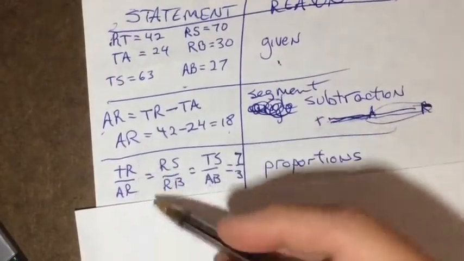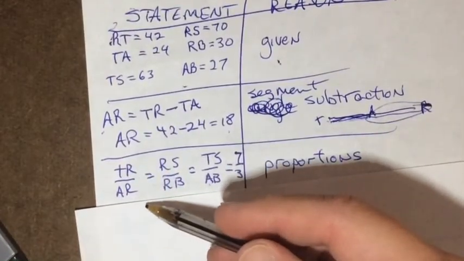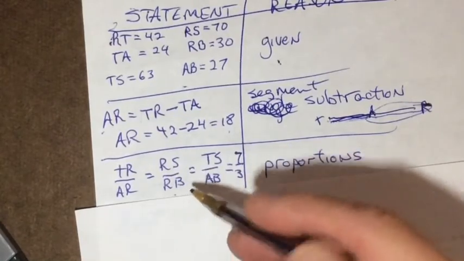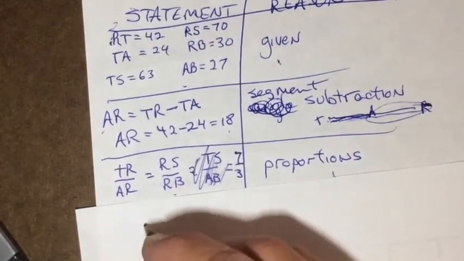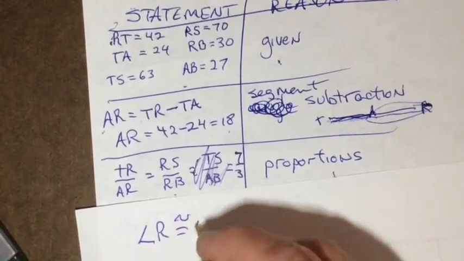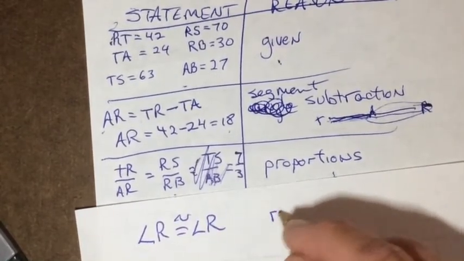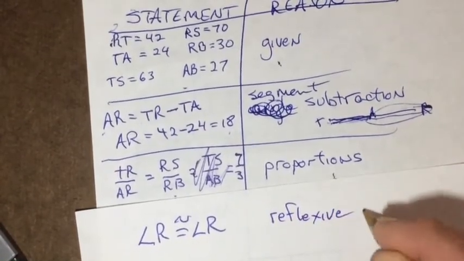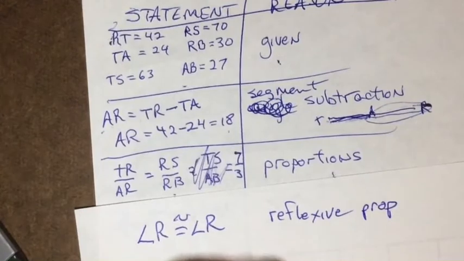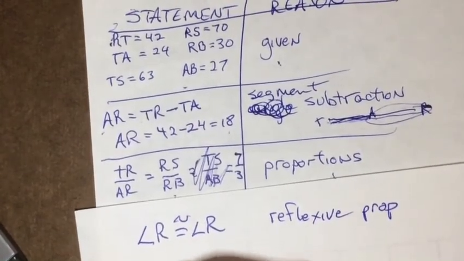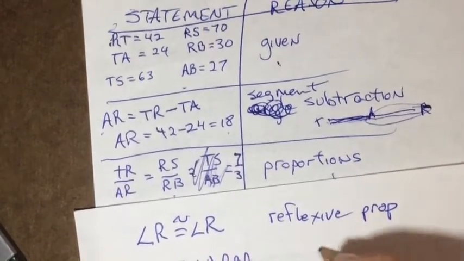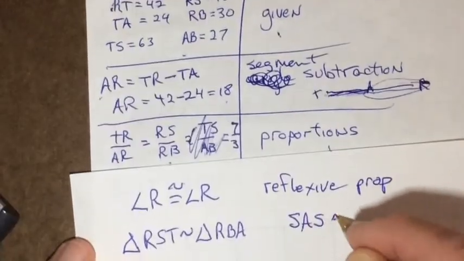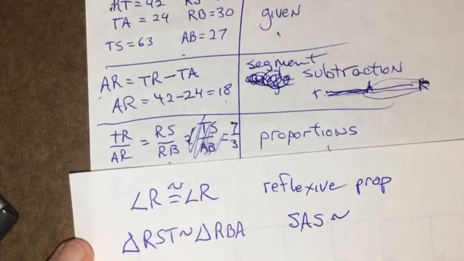But if you used just TR and RS, didn't use this, just said those two were true by proportion, but then you said angle R is congruent to angle R because of the reflexive property, then that still would have given you triangle RST is similar to triangle RBA, but this time it would have been because of side angle side similarity. Okay, so there were two ways to do this one.